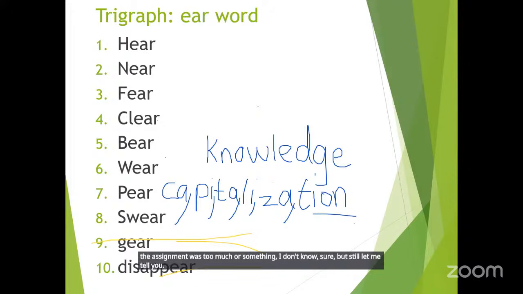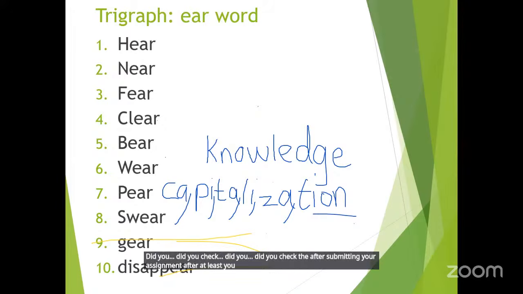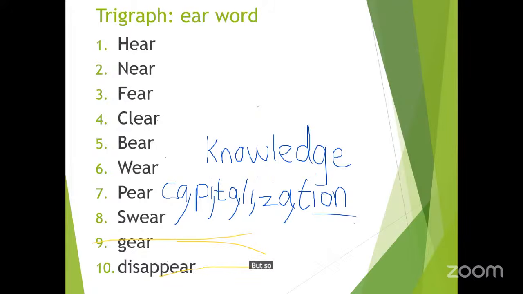Did you check, after submitting your assignment, after you wait for some days? When you submit your assignment, it will not be marked immediately. When you come online, did you check the assignments that were marked? Yes, ma'am.